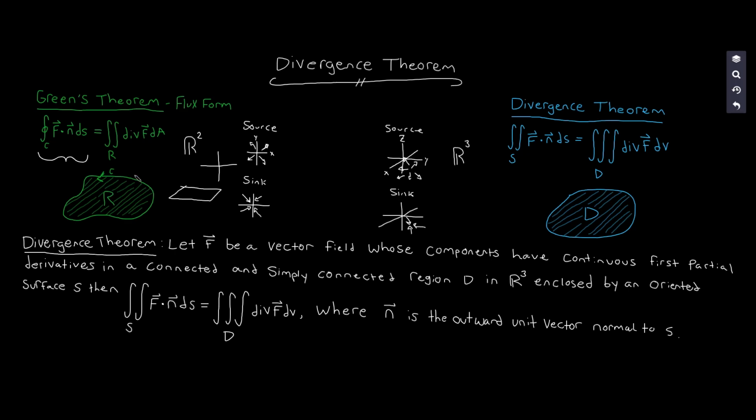If your curve is moving counterclockwise, which in this case it is, we can find vector n at any point x and y by taking the curve's tangent vector and rotating it 90 degrees clockwise. We can use the dot product test to see if the vector field f is pushing fluid out or pulling it in at specific points on the boundary, if you calculate the dot product f dot vector n, which is what's going on in the integrand.